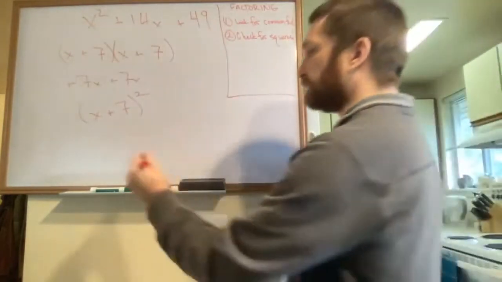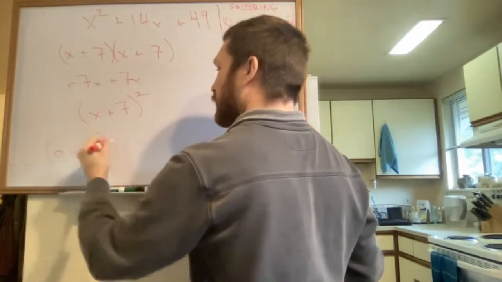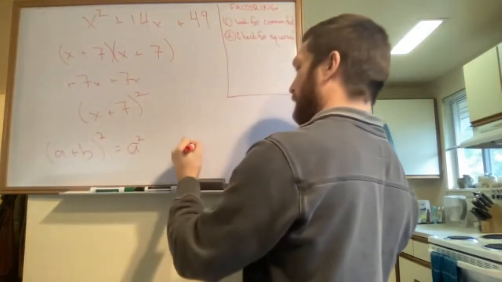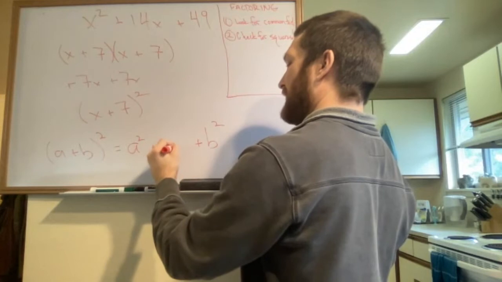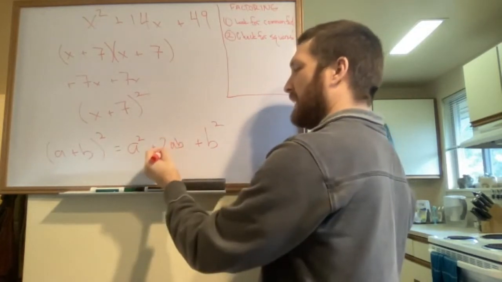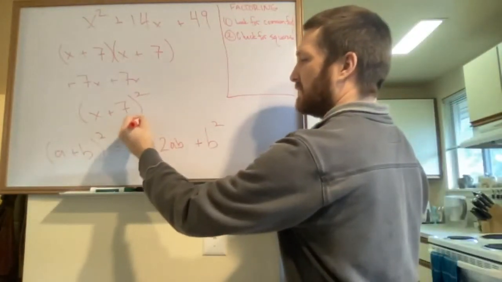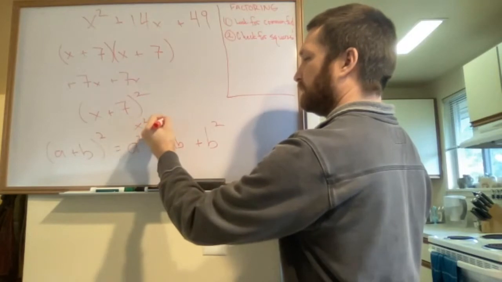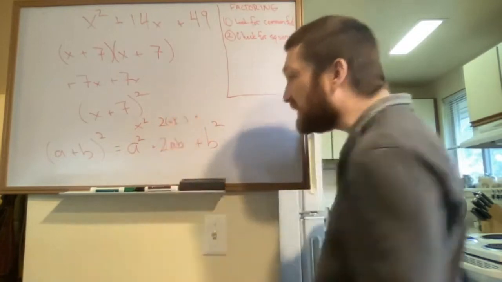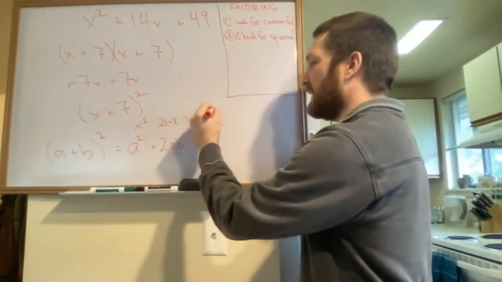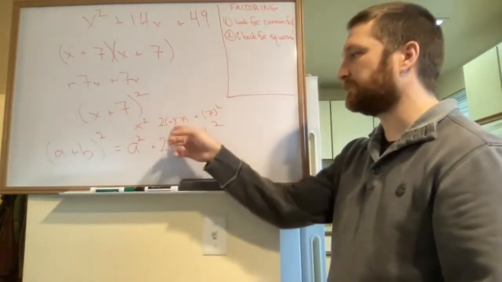Just like before, we had a plus b squared come out to be a square and a square, and then whatever a times b is, multiplied by 2. So if the a is an x, we have an x right here. And if the b is a 7, which we said we have 7 squared, we have a 7 right there. I've just plugged these in.